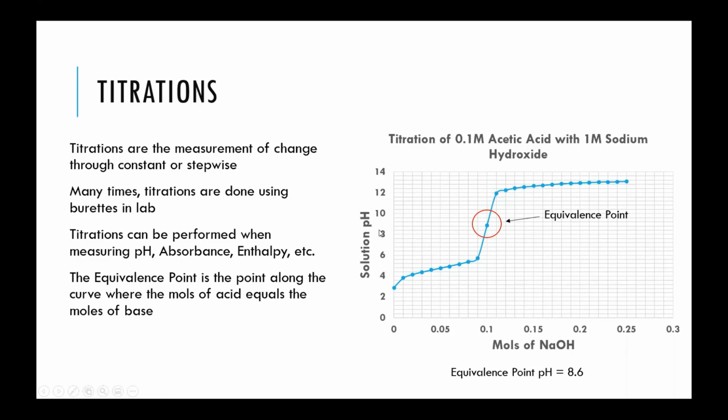So when it gets to a pH of about 8.6, the indicator would change color, and you can see that in the curve, because at the equivalence point, the moles of acid is equal to the moles of base.